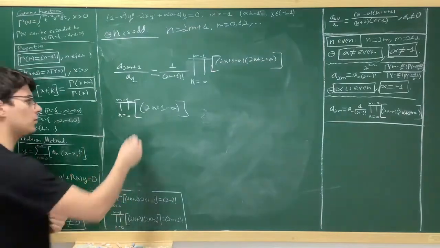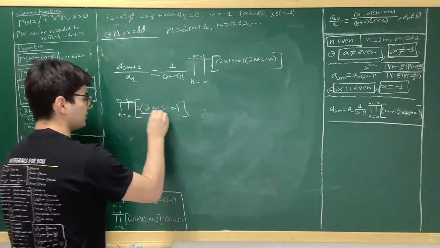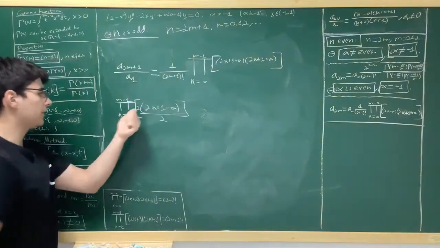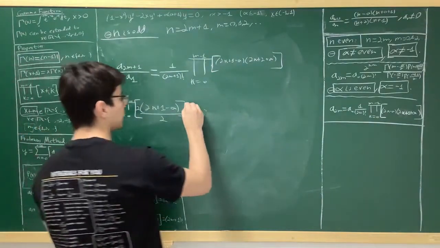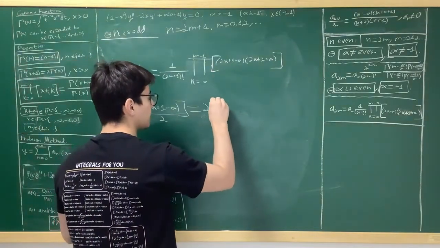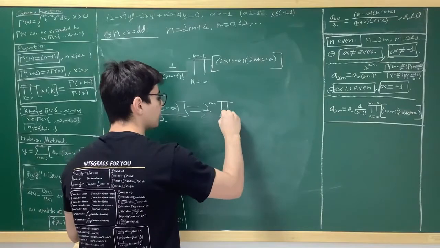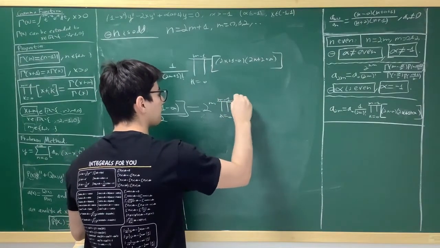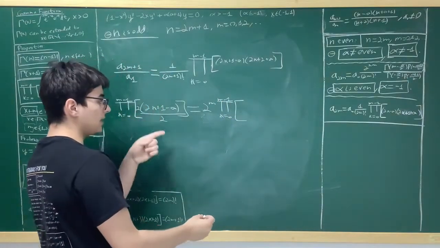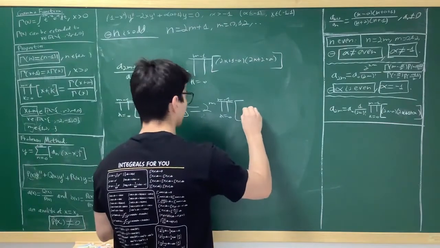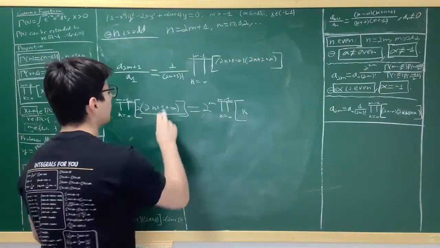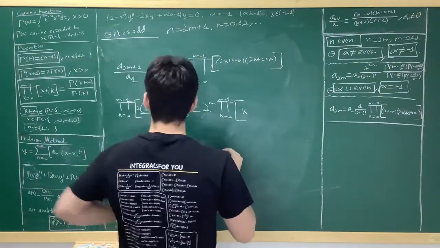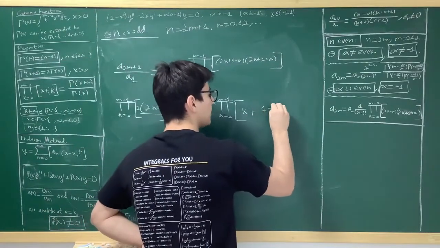If we factor out a 2, we will divide by 2. These 2s can come out, as we said before, because it is multiplying m times, and we get this product. So k plus, sorry, this should be a minus, yes, a minus. k plus 1 minus alpha over 2.